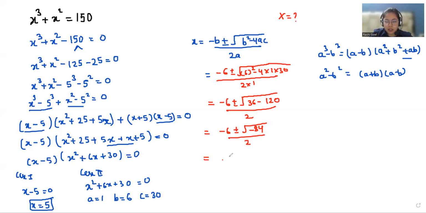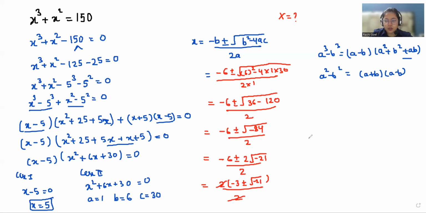So minus 6 plus minus under root minus 84, we can write it as, we take 2 outside and minus 21 inside, divided by 2. If I take 2 common, so minus 3 plus minus under root minus 21, divided by 2.